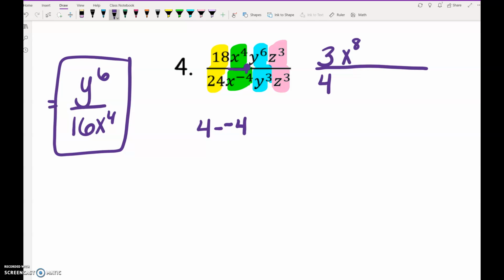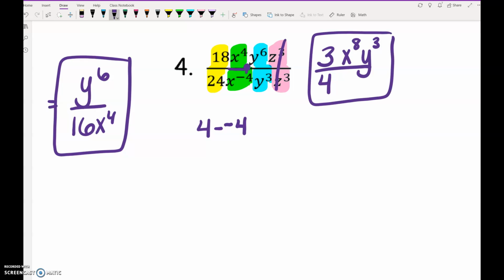Y to the 6th divided by y to the 3rd. What is 6 minus 3? 3. And then what about those z's? Z to the 0, which would just be a 1. So we don't really need anything. Our answer is 3x to the 8th, y to the 3rd over 4.